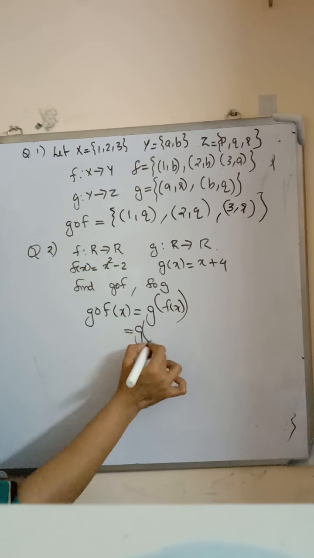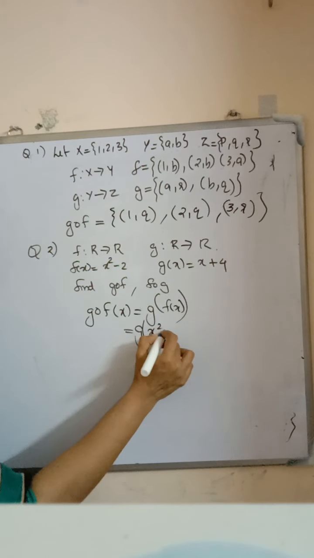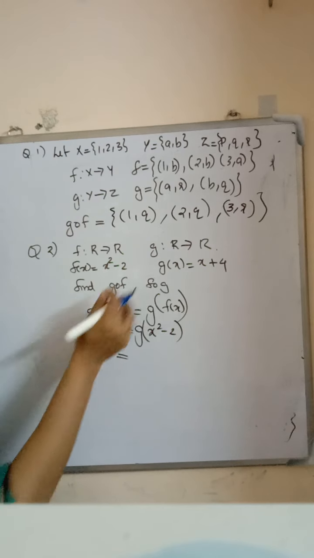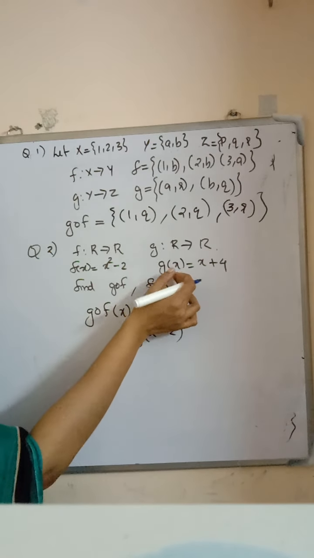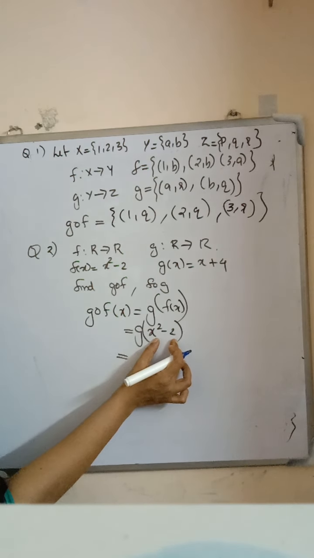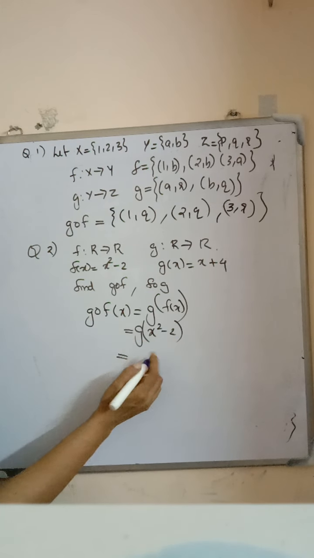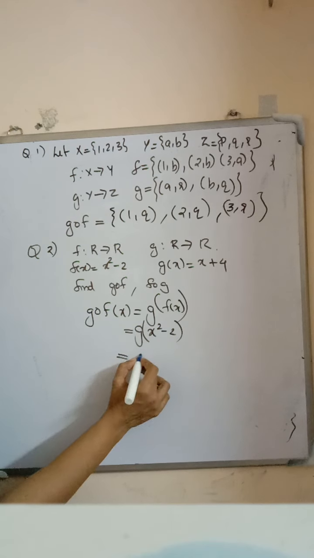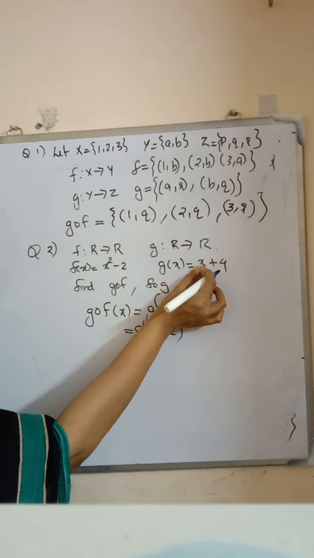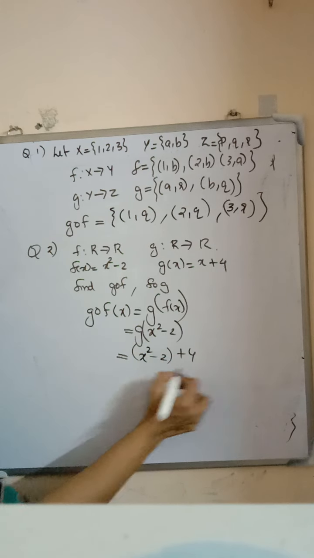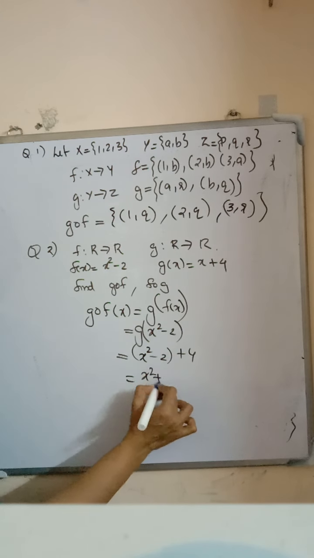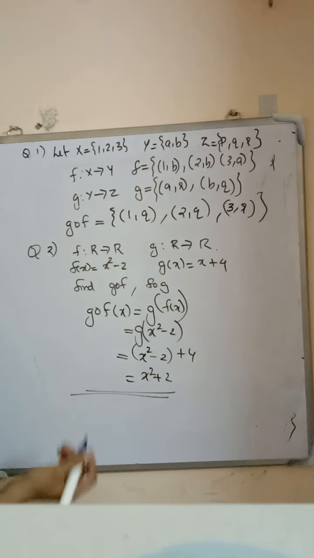Here f of x is x square minus 2, and we know that g of x is equal to x plus 4. We replace x by x square minus 2, that is x square minus 2 plus 4, which is equal to x square plus 2. So g composition f is x square plus 2.